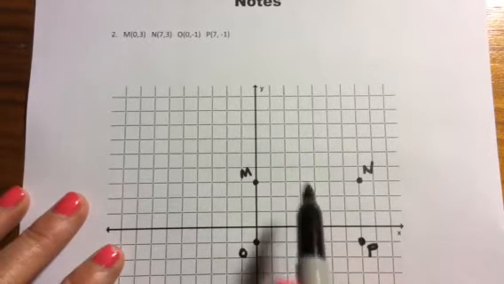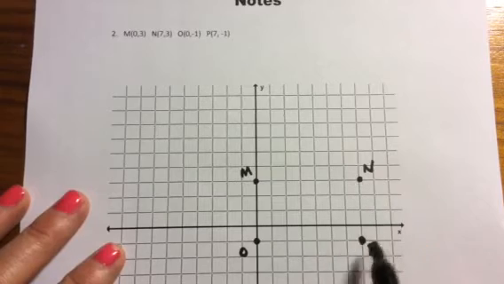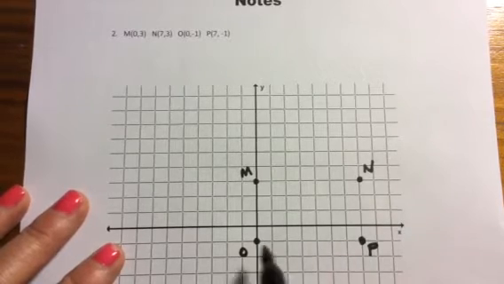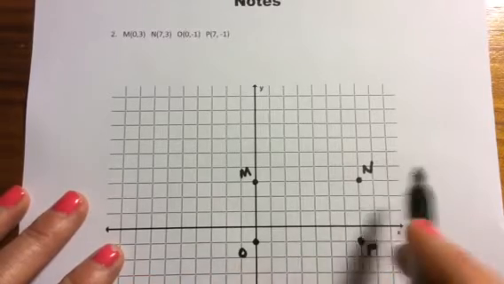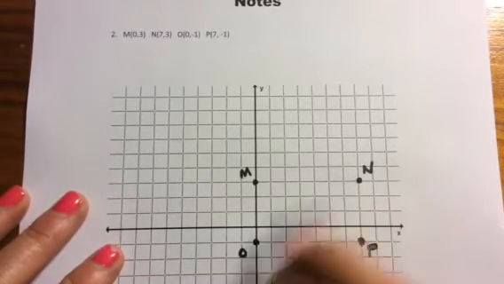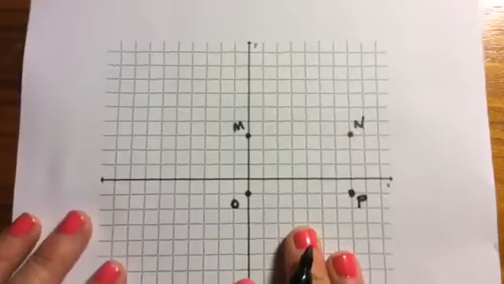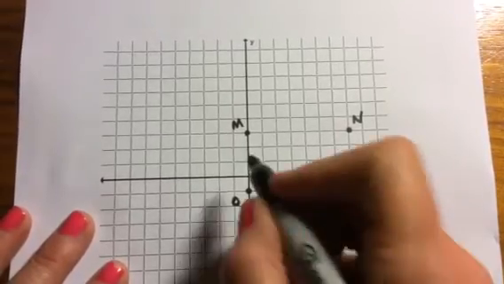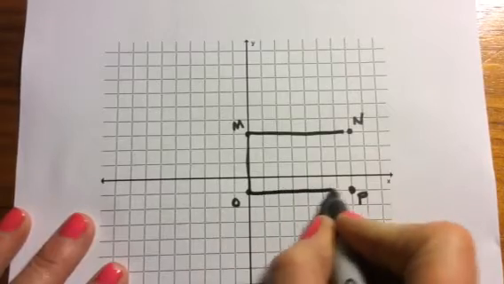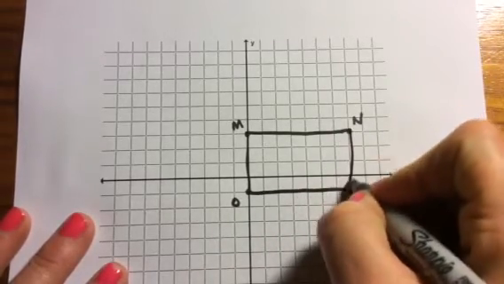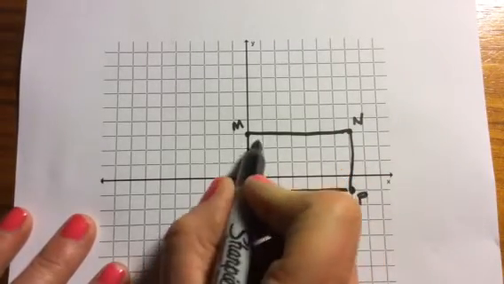Alright, so this would be called rectangle MNPO, or NPOM, or POMN. Not MNOP, because they go MN and then we cross over. So that was my fault on that one. Alrighty, so we look at this rectangle. Again, we're going to look at the diagonal. And I'm going to go ahead and do this time the diagonal in the other direction.